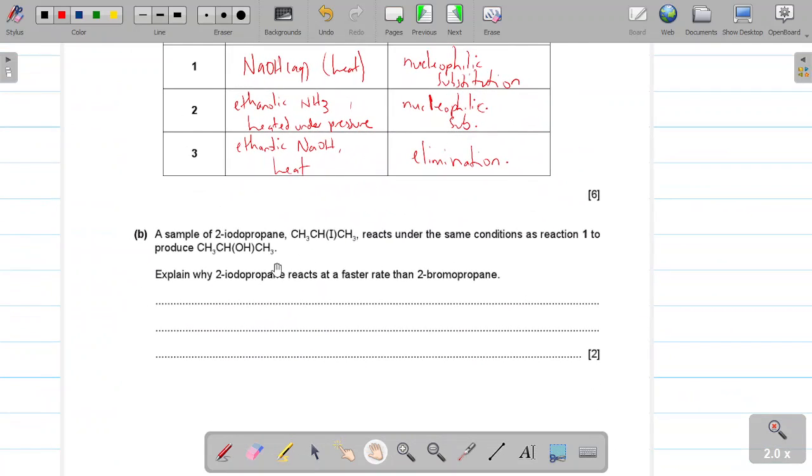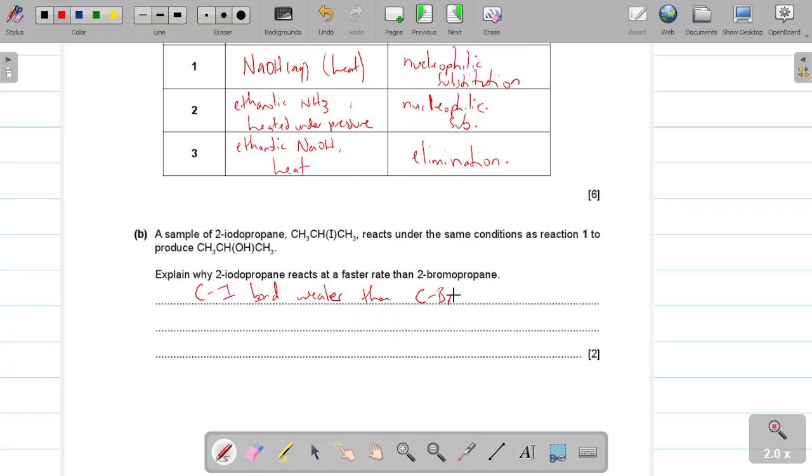The question continues here. A sample of 2-iodopropane reacts under the same conditions as reaction 1 to produce the alcohol shown. Explain why 2-iodopropane reacts at a faster rate than 2-bromopropane. And the reason is simply because the C-I bond is weaker than the C-Br bond.